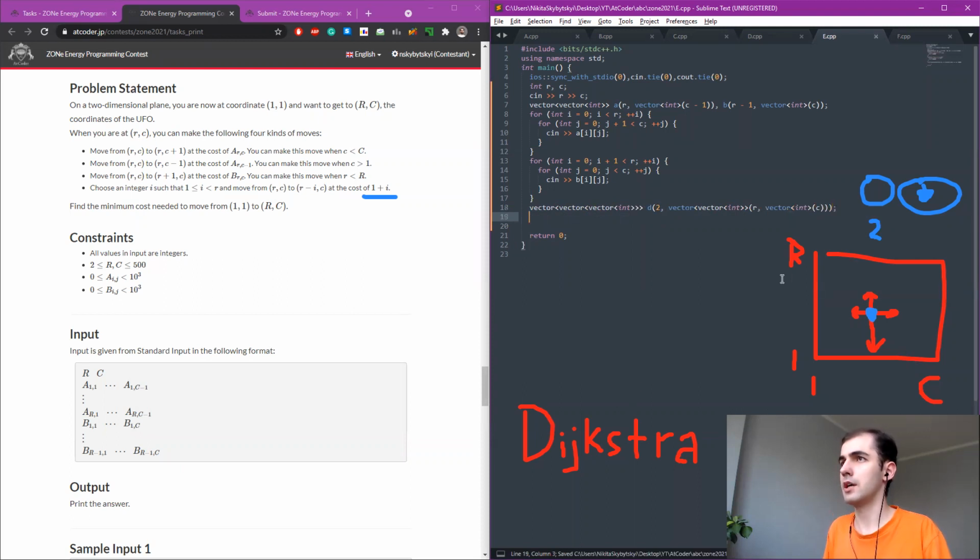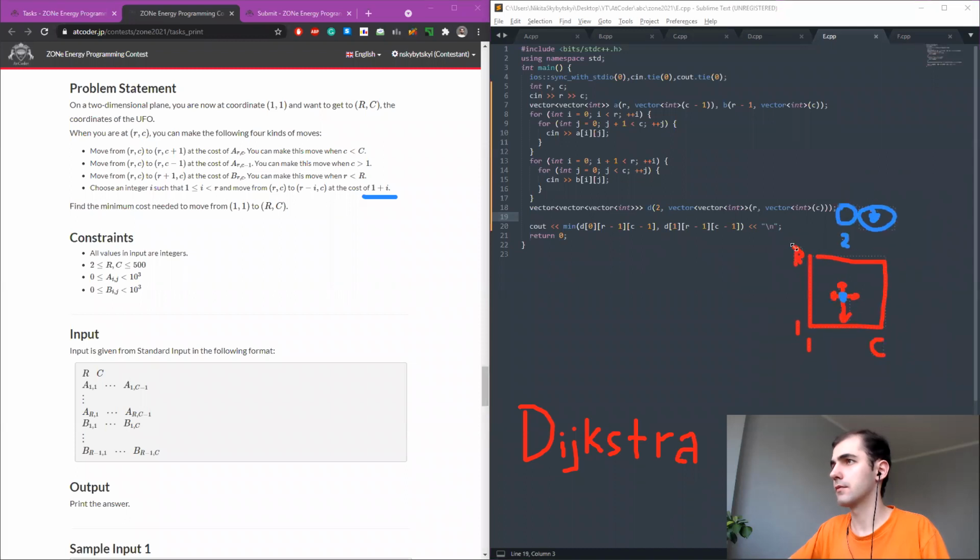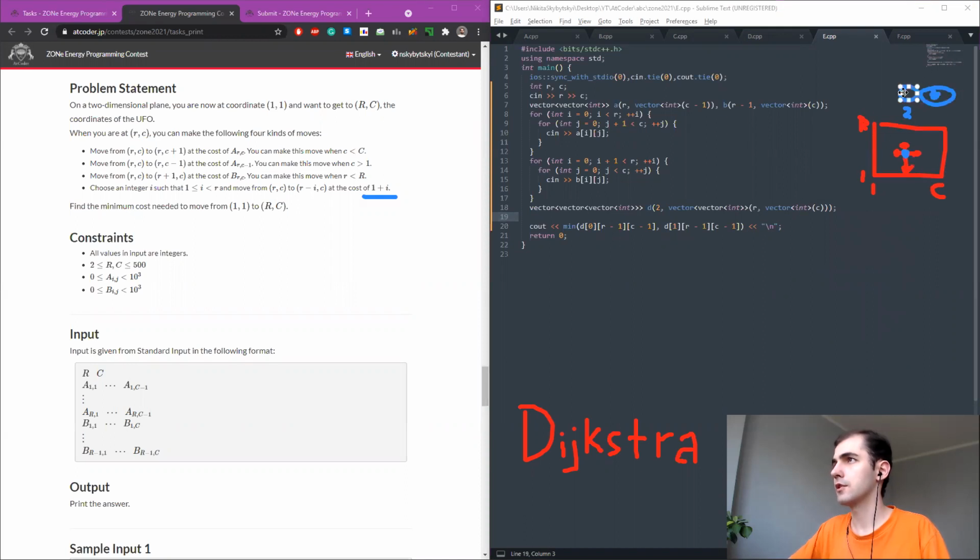Neither do I, but it is just how it goes. We want to print. Let's think. I believe that for this problem, it is better not to generate the graph explicitly, but to perform all the operations as we go. I'll have this drawn here just to remind us of what our idea is.